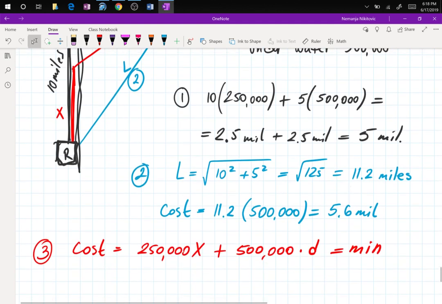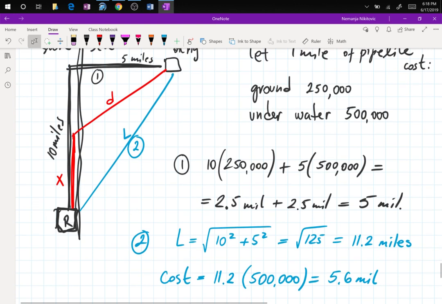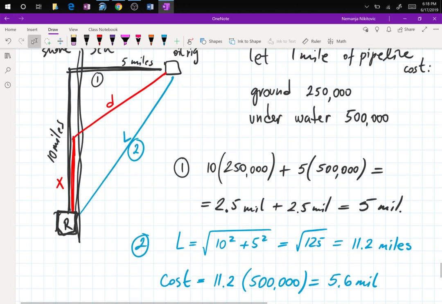So now let's take a look at my constraint equation. Is there anything in this geometry that can link x to d? Do you see anything in this geometry that you could actually use?